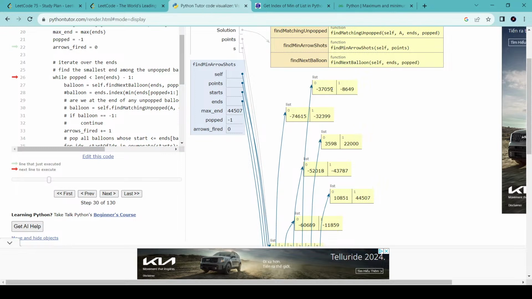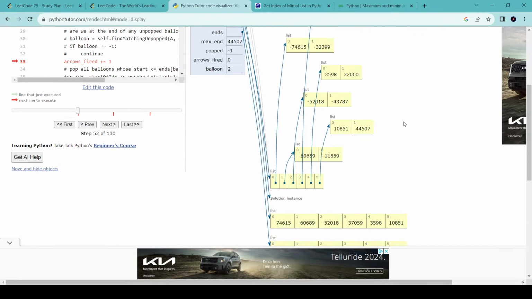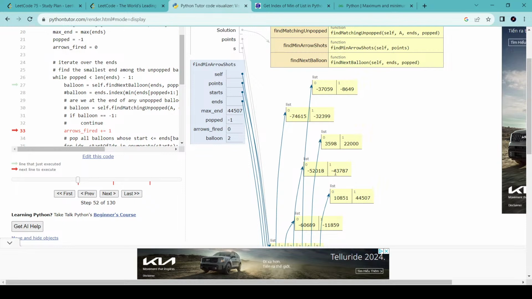Okay, the smallest... Let's see which one it goes to. Okay, so balloon is 2. The first unpopped one is index 2, which is minus 43787, a fairly small number. This is the smallest number. Yep, that's correct. So it says balloon narrows 5 plus 1.